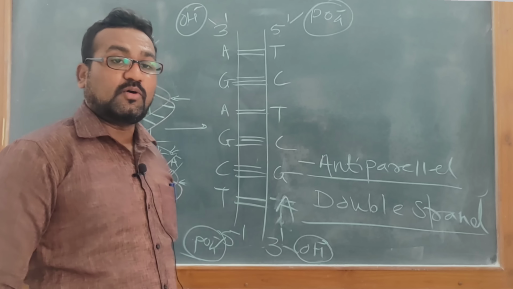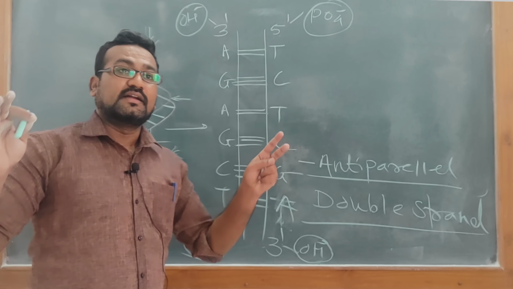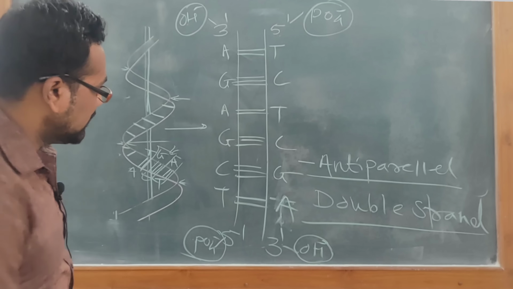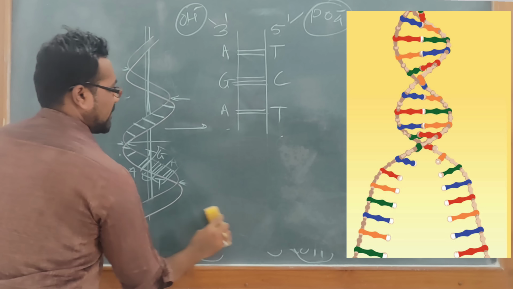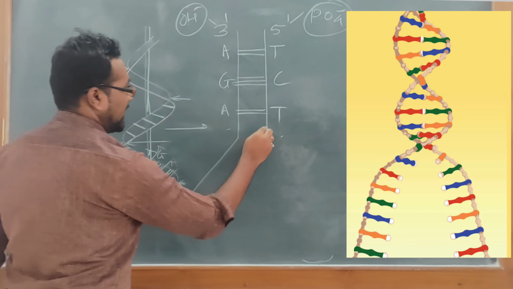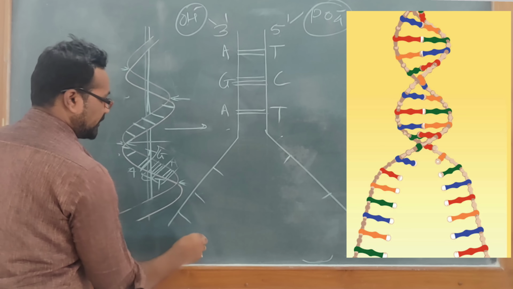And always in DNA replication, you will find DNA replication takes place in a 2 strand when 2 strand get separate. If I show here, if I need to draw, when you separate the strand, here are the original nucleotides.